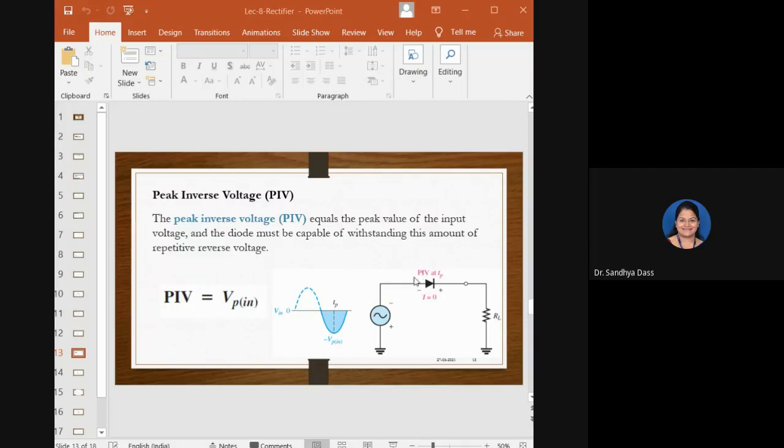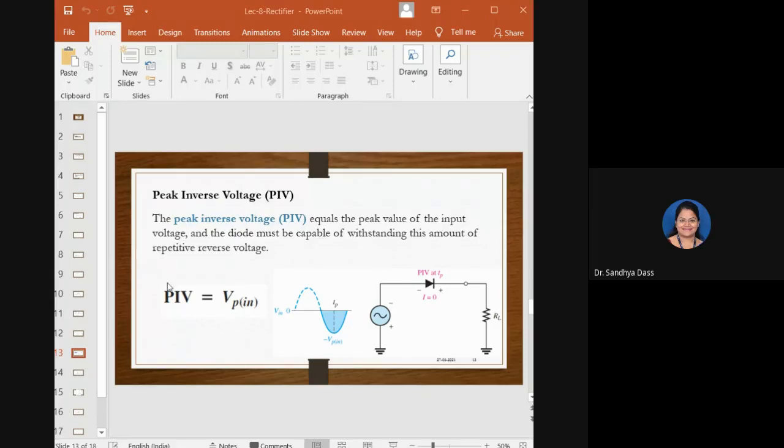So the diode that we use in the rectifier circuit should have a rating more than the PIV of the circuit, that is the peak inverse voltage of the circuit. So we have to check the PIV of the circuit, that is the input voltage, and based on that select the diode whose rating will be around 20% higher than the PIV value, so that it would not damage the device during the negative cycles.